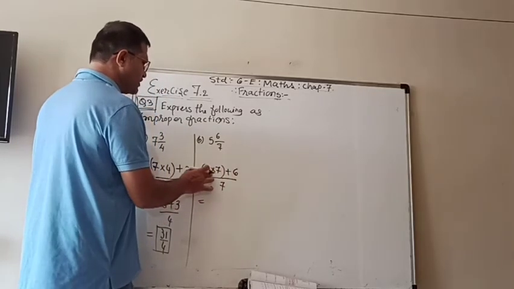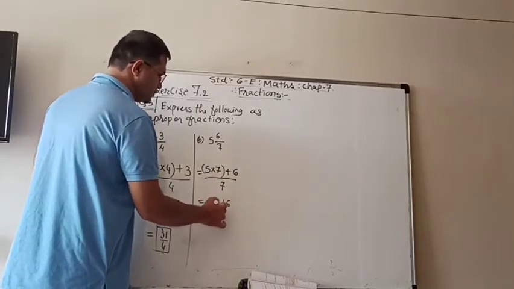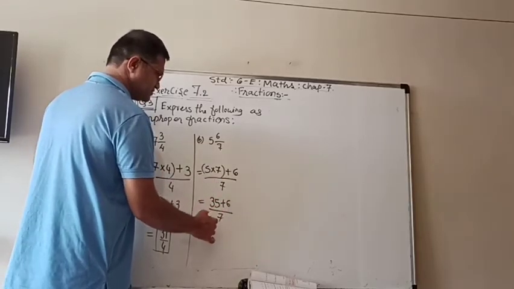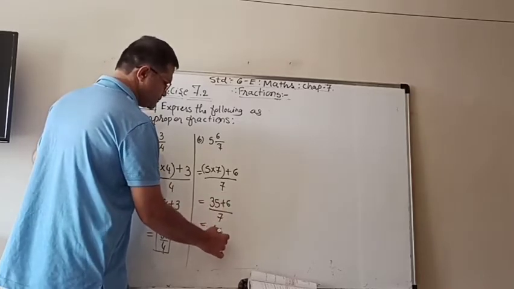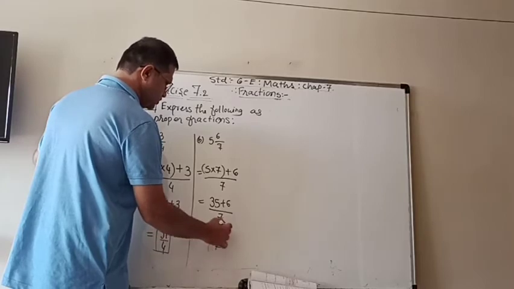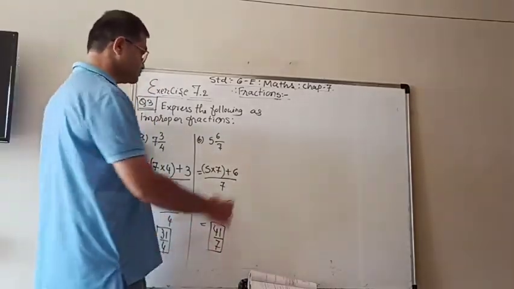So 5 7s are 35 plus 6 is 41. So the answer is 41 upon 7.